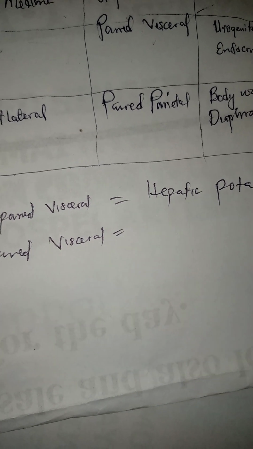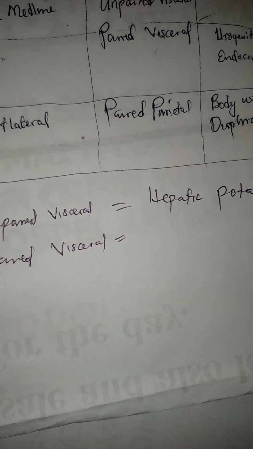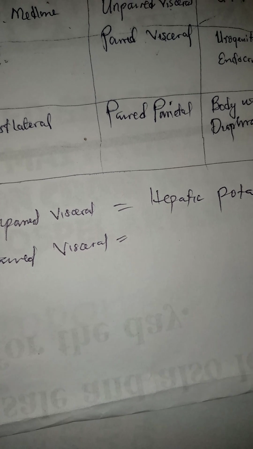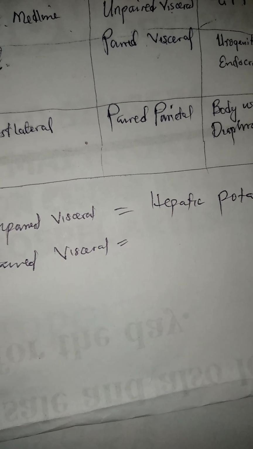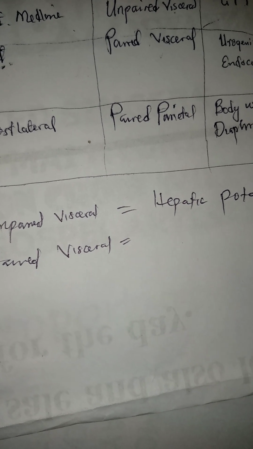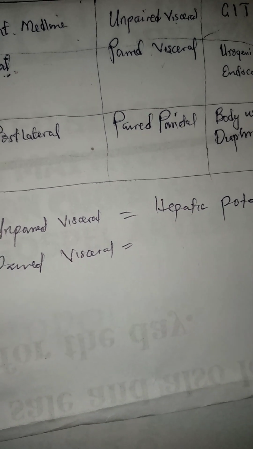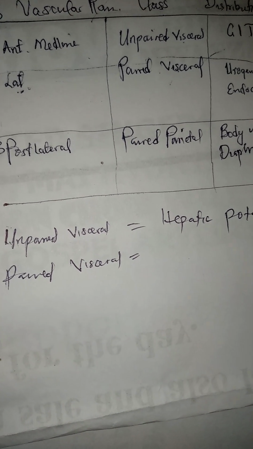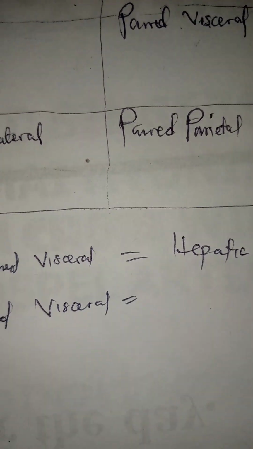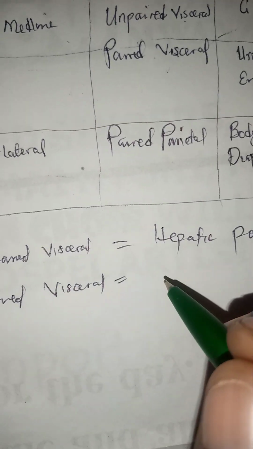However, the left suprarenal vein and the left gonadal vein do not drain directly into the inferior vena cava, rather they drain into the left renal vein.